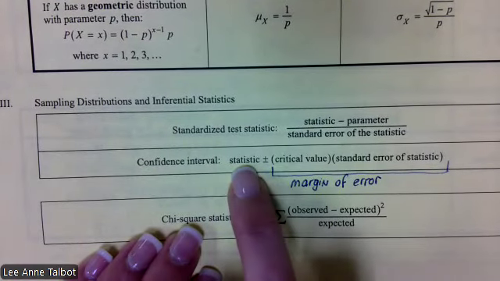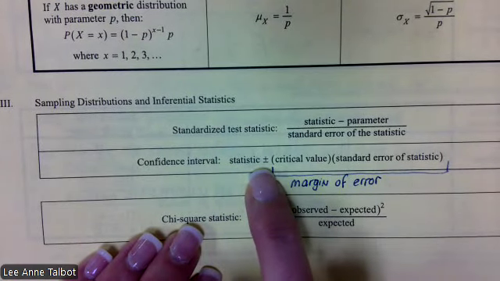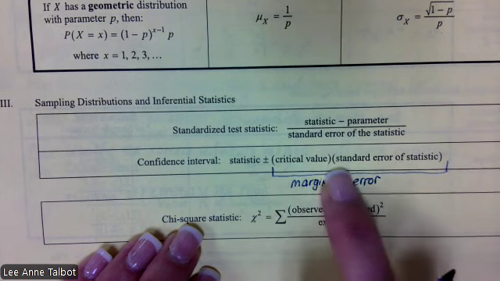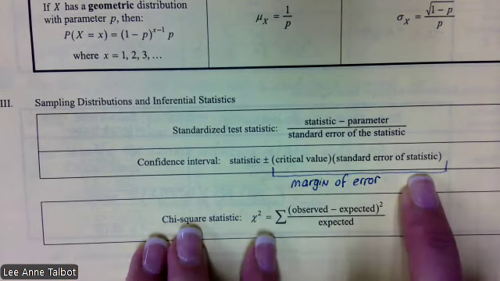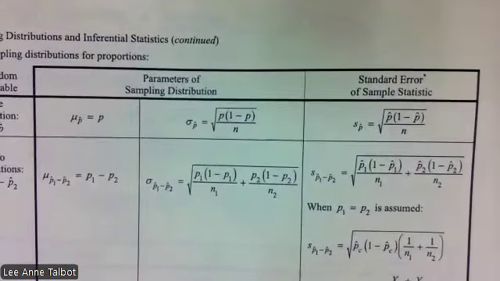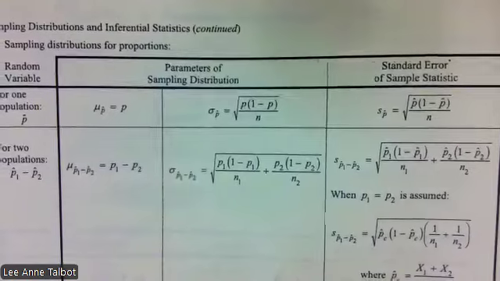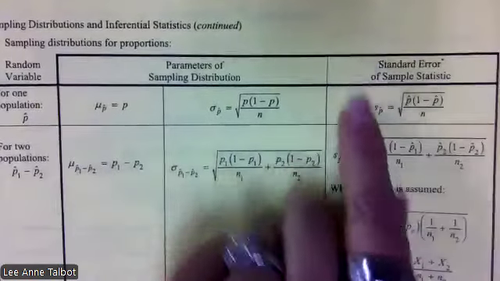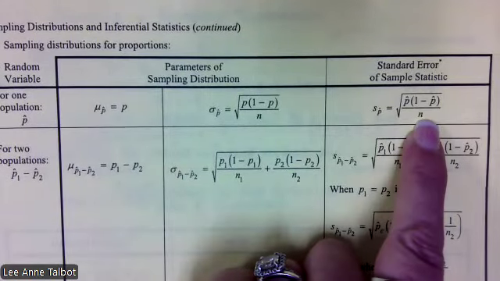This is the part where I wanted to point you in the right spot. You're here: P hat, plus or minus, Z star, and then flip to the back of this page and find the standard error of the statistic that has to do with P and P hat. This one. Do you guys see it?